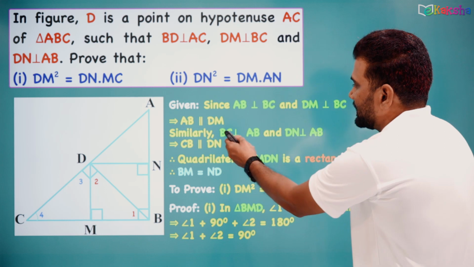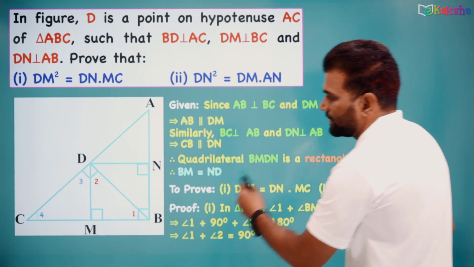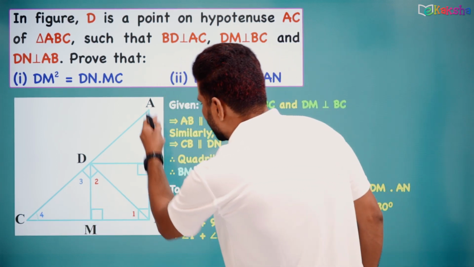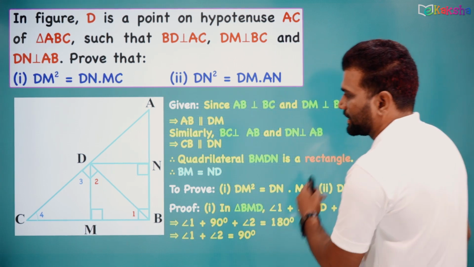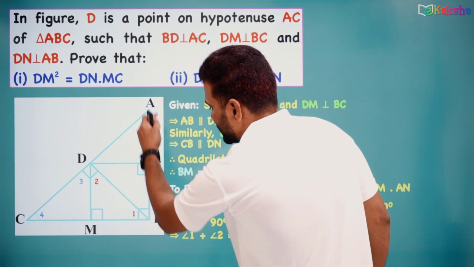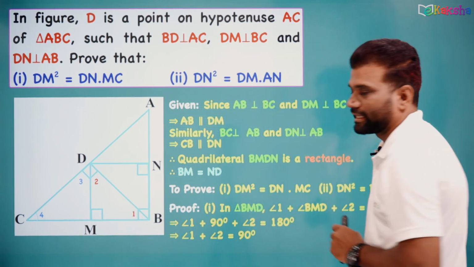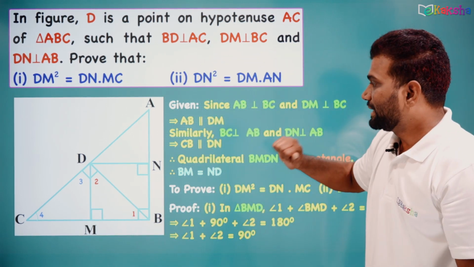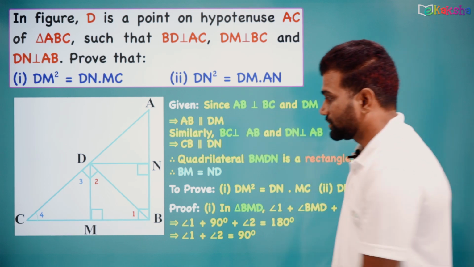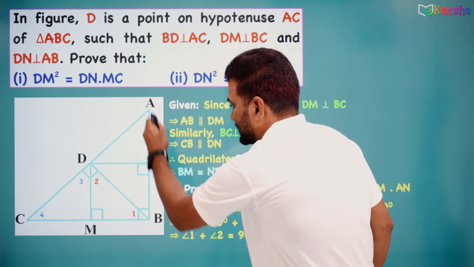Similarly, BC perpendicular to AB, and DN perpendicular to AB. Then again CB is parallel to DN. So AB parallel to DM, and CB parallel to DN. So this is parallel to this, and this is parallel to this.